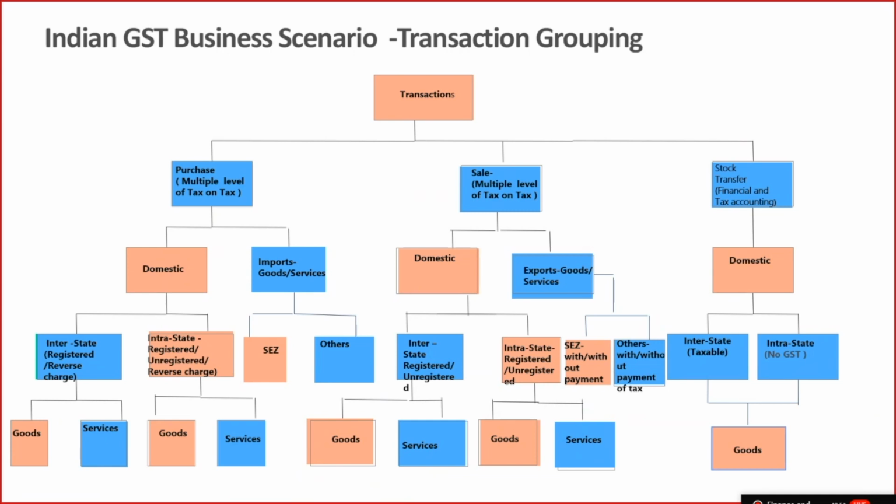Import, we have normal import scenario, but we have a SEZ purchase as well. And when we buy from a SEZ company, the transactions will be treated similar to the import. There are cases where for DTA transactions, the system will not treat it as import.